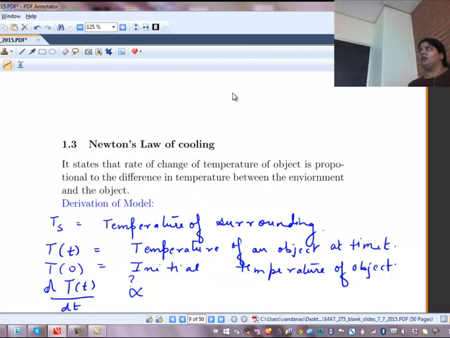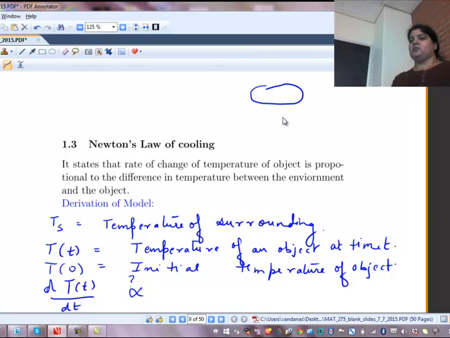But if something is losing temperature, it's getting cooled down, so its temperature originally will be lower or higher? The initial temperature will be higher if it's cooling down, and then it will keep losing heat to the surrounding, right?